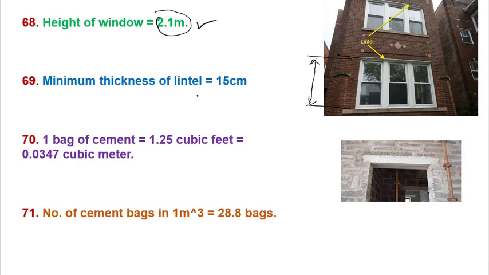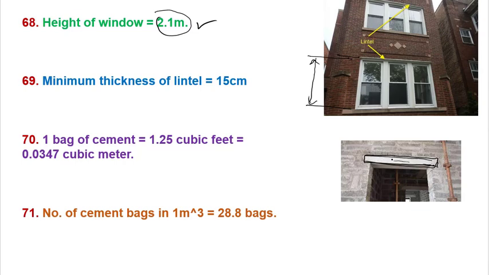first we should know what a lintel is. You can see this over this window or door. We place an RCC member. And what is the function of this member? We place this lintel for the block masonry or brick masonry above any sort of opening.